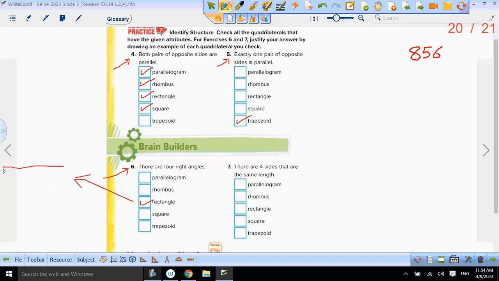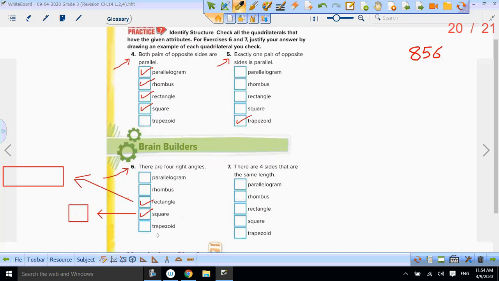This is a rectangle. Okay. Square has four right angles? Yes. And we can draw a square. Trapezoid has four right angles?